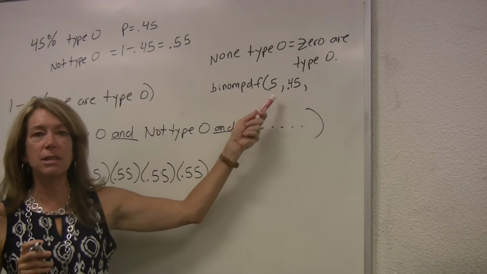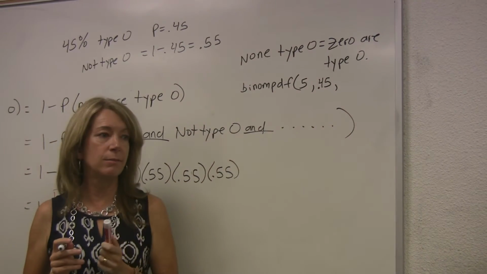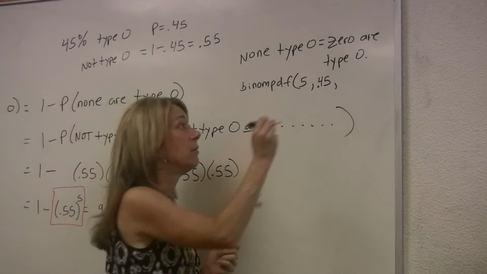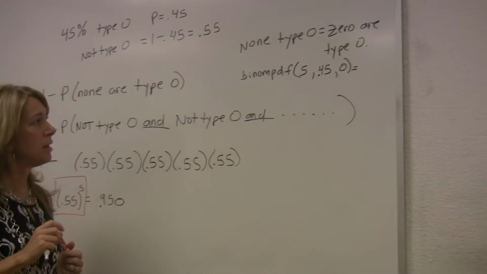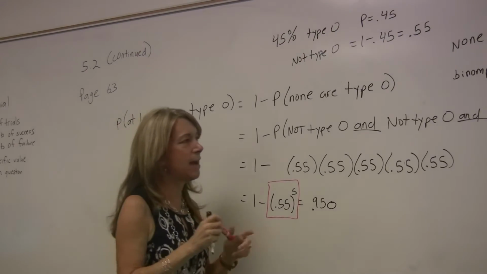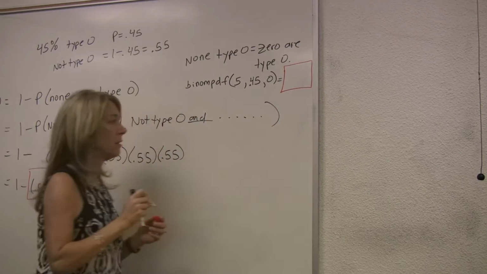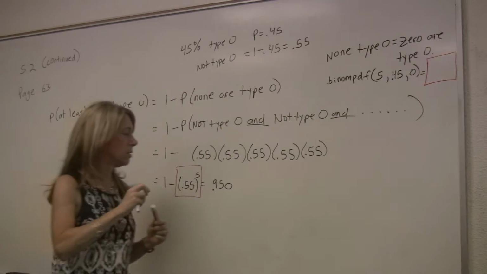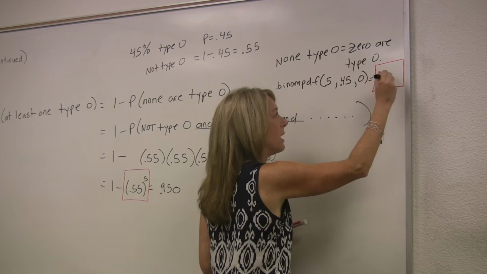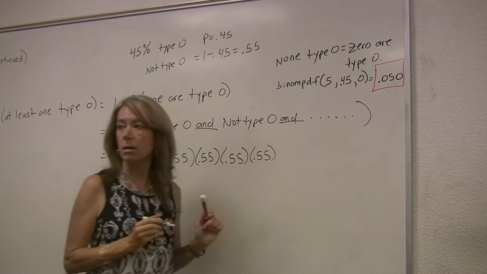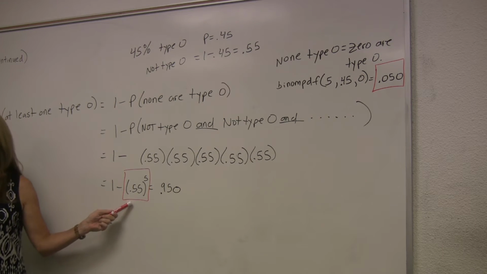So this is the event we're looking for, type O. And how many do we want? 0. Type this into your calculator. It should be the same as what I have in my red box down here, which I haven't simplified. Should be like 0.55 to the 5th.